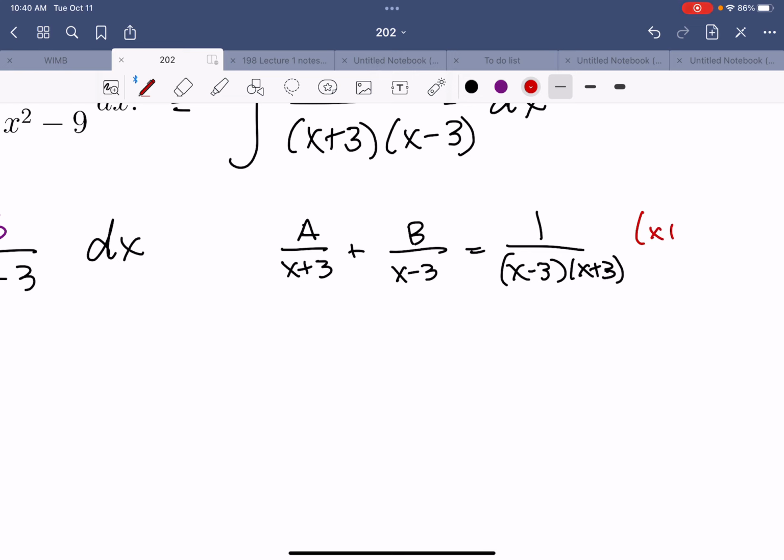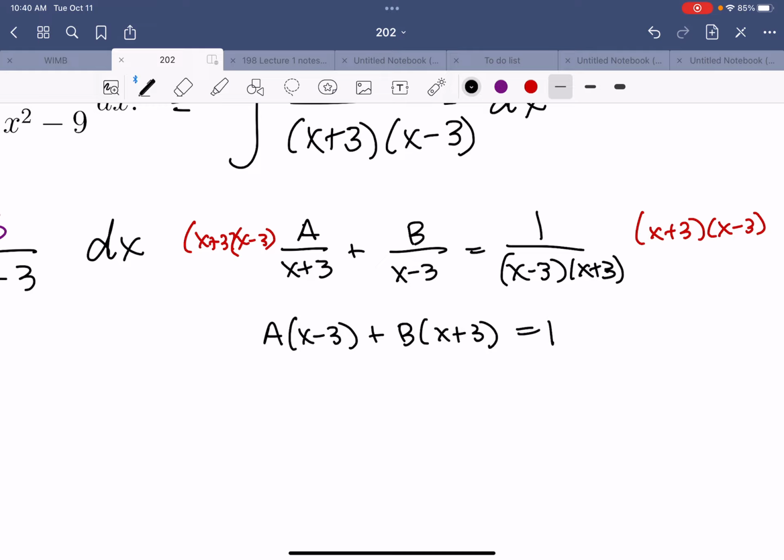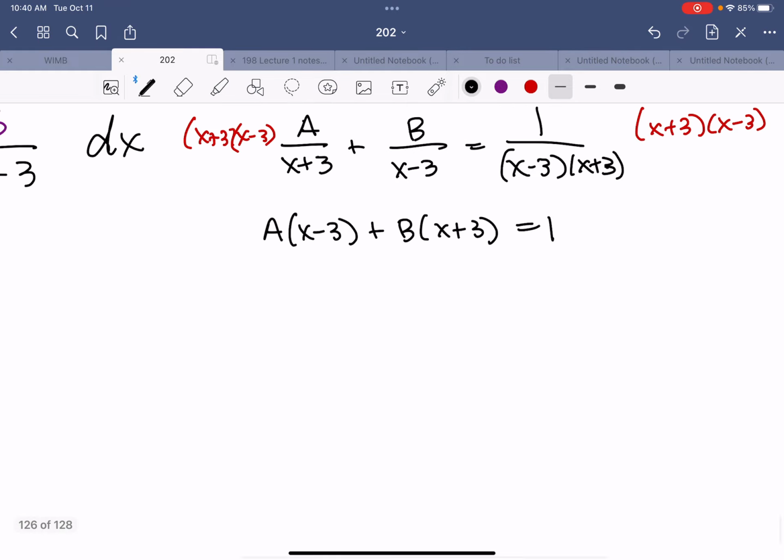Multiply both sides by x plus 3, x minus 3. That's going to give you a times x minus 3 plus b times x plus 3 is equal to 1. Okay, here's where I'm going to use my shortcuts. If you want to multiply it out and equate coefficients, go for it.